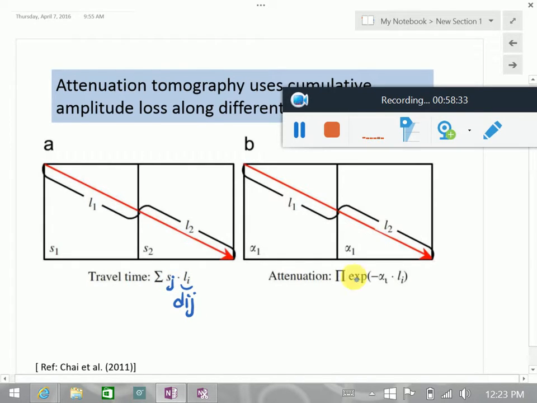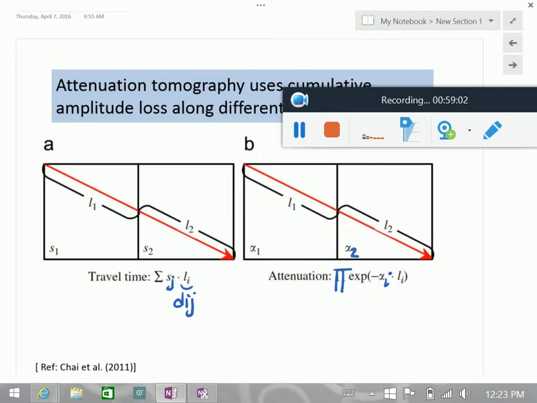In attenuation tomography, this is wrong, since when you go from one medium to the other, you have seen it even in your exam, you have to multiply the amplitudes to get the last amplitude. So instead of summation, you have multiplication of all the amplitudes, but the rest is very similar.